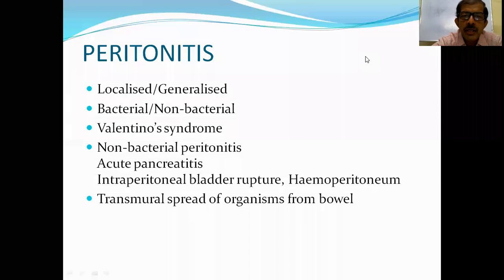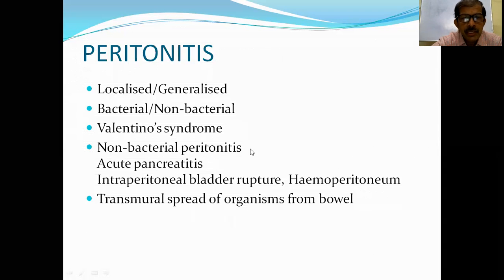The perforated duodenal ulcer can cause pain in the right iliac fossa because the exudate will travel around the right paracolic gutter and cause local peritonitis in that area. So it is an important differential diagnosis for acute appendicitis.